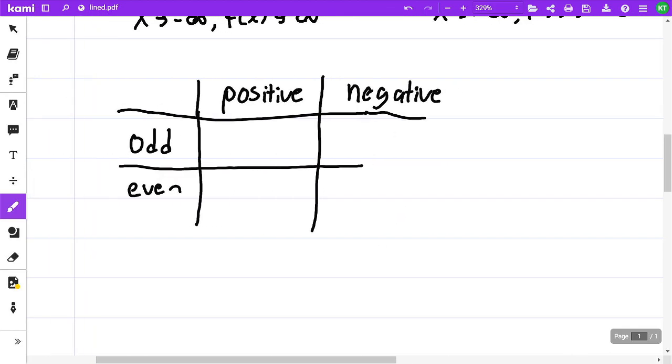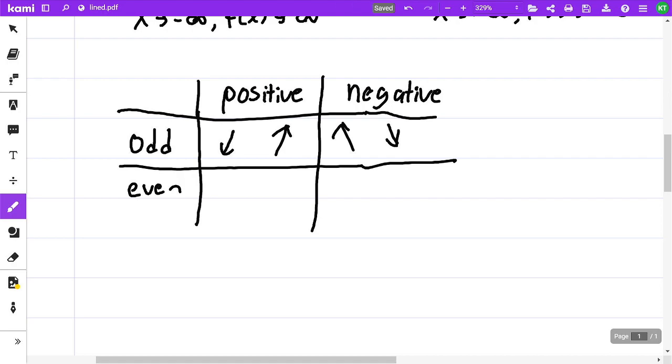If it's odd positive, we're going to have two arrows going in opposite directions. The one on the right is going to be going up. The one on the left is going to be going down. And in negative, we just flip things. So the one on the left is going to be going up. The one on the right is going to be going down.